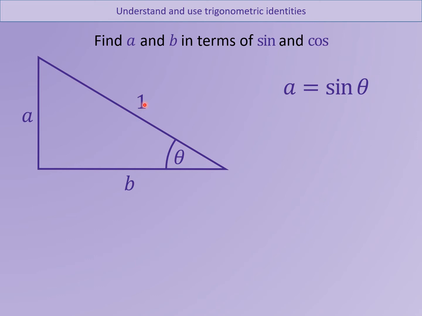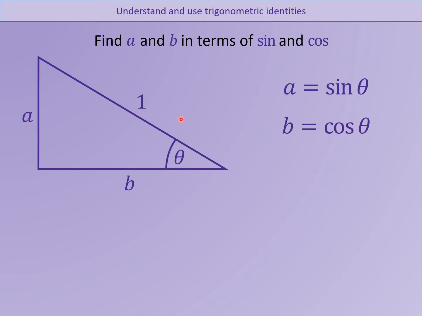So sine theta would be A over 1, which is simply just equal to A. Similarly, we can write down that cosine theta is equal to B, and we can work that out by doing adjacent over hypotenuse. So the adjacent side to theta is B, the hypotenuse is 1, which gives me cosine theta is B over 1, or just simply put B.